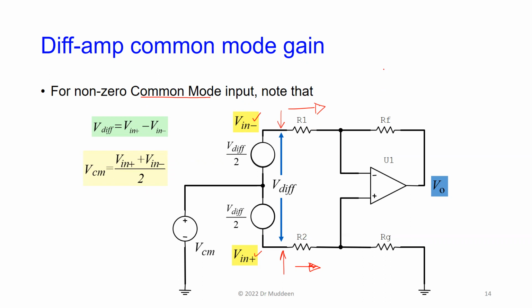Like in the Wheatstone bridge that we had before, one of the terminals would have had 7.5 volts plus some small V, and the other terminal would have had 7.5 volts minus that small V. So the common mode voltage would have been the average of these two. If I add the two of them and divide by 2, I get 7.5 volts here.